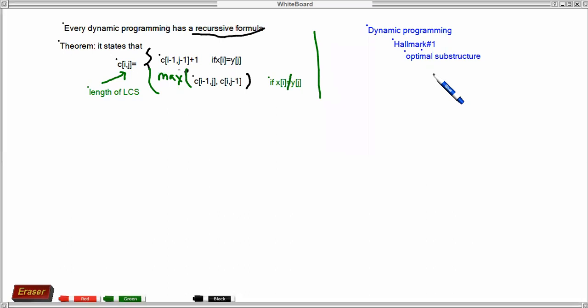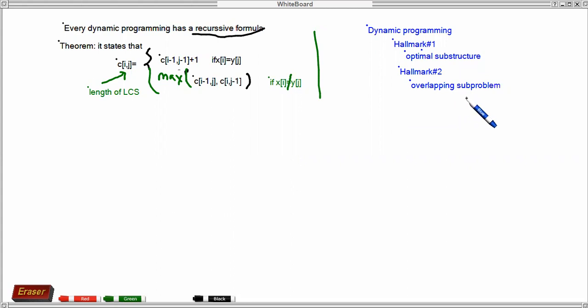Hallmark two is what proves this algorithm. It is for overlapping subproblems.